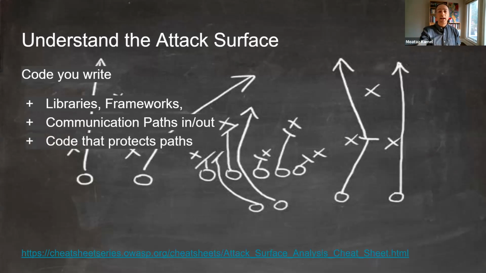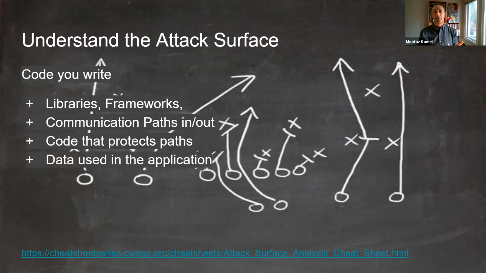The code that protects the paths as well. So you have code that's going to secure your communication path using something like SSL or TLS. You have to be aware of the code that you're using to do that as part of your attack surface, and the data used in the application.